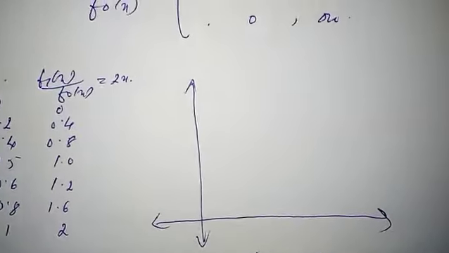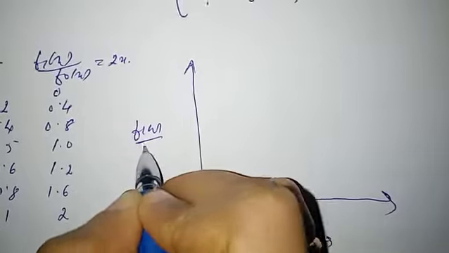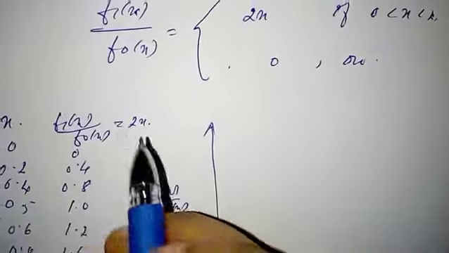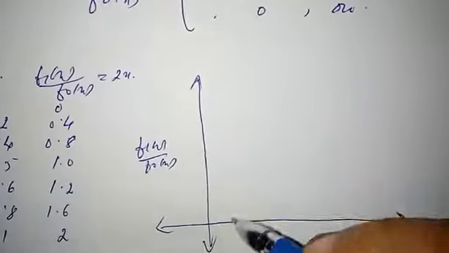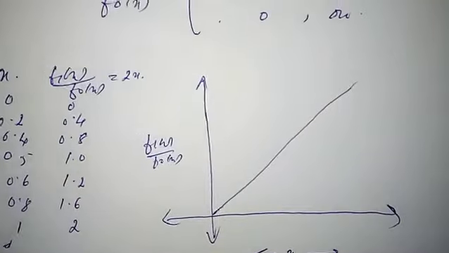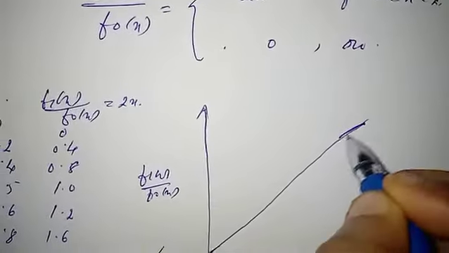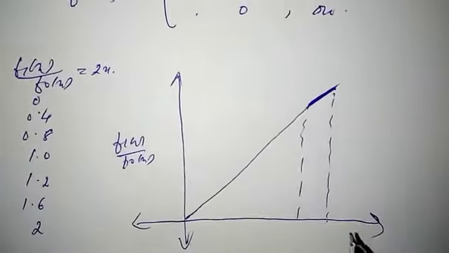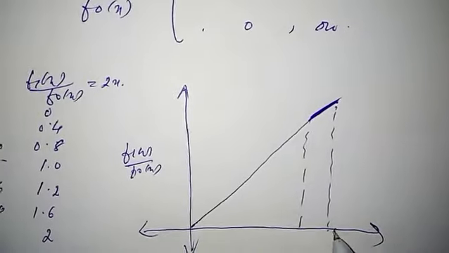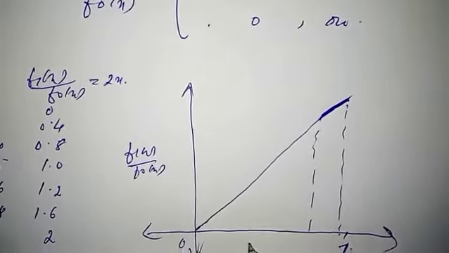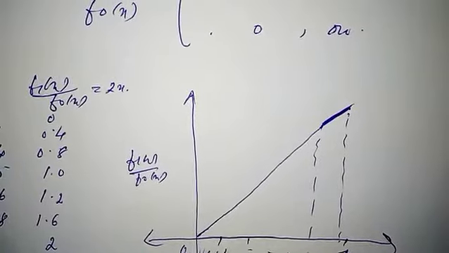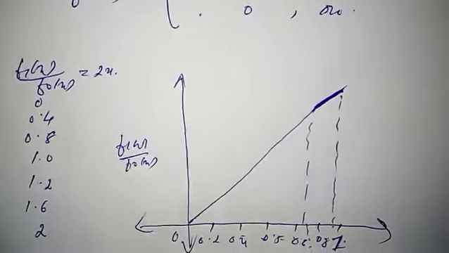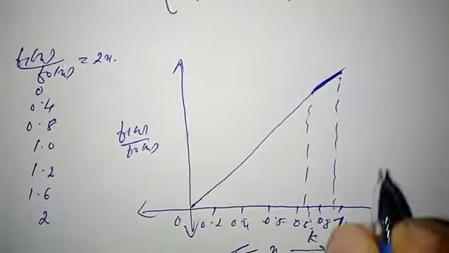Here x values and here the ratio, the function 2x. Then we can say that it is an increasing function. Then we take the large ratio values, from k to 1.